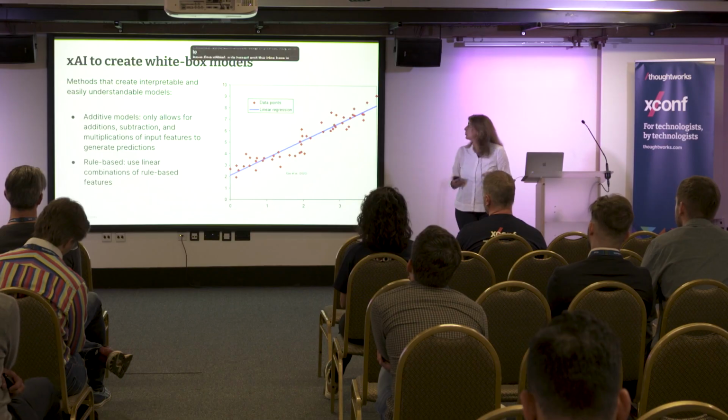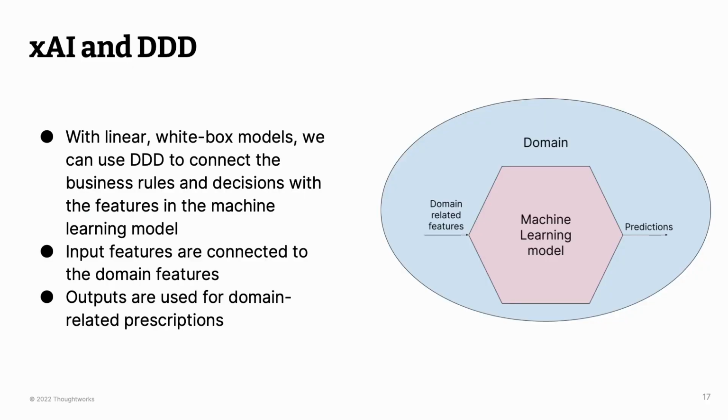The components are rules. Well, this way, if we use linear white box models, it's very easy to have domain-related features that are in the same language that the domain uses, and in this way, we can connect the features in the input of the machine learning model with the domain. And domain, remember, is the layer that connects business with machine learning models in this case.